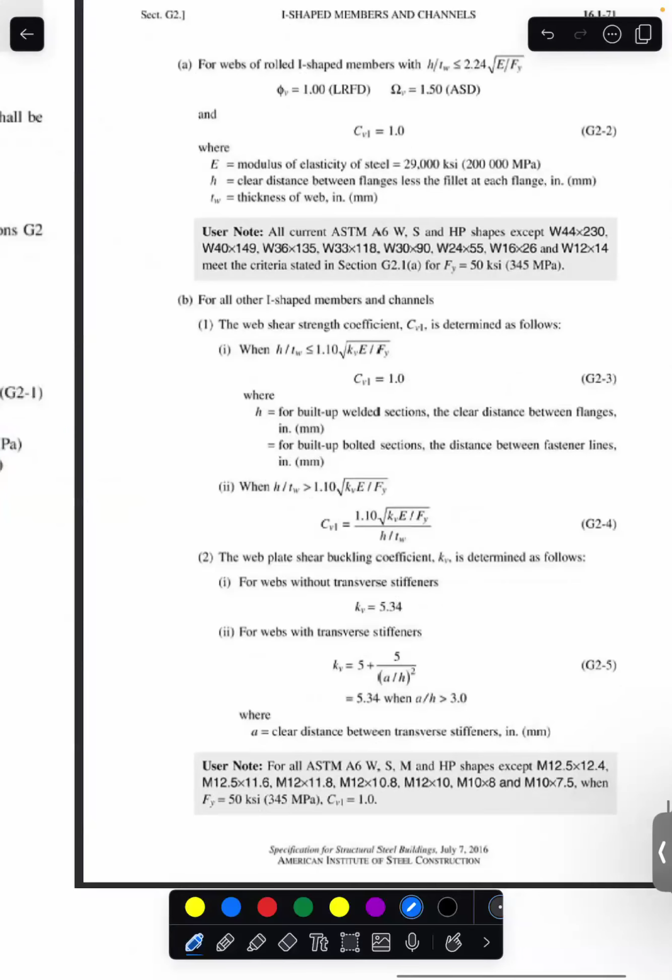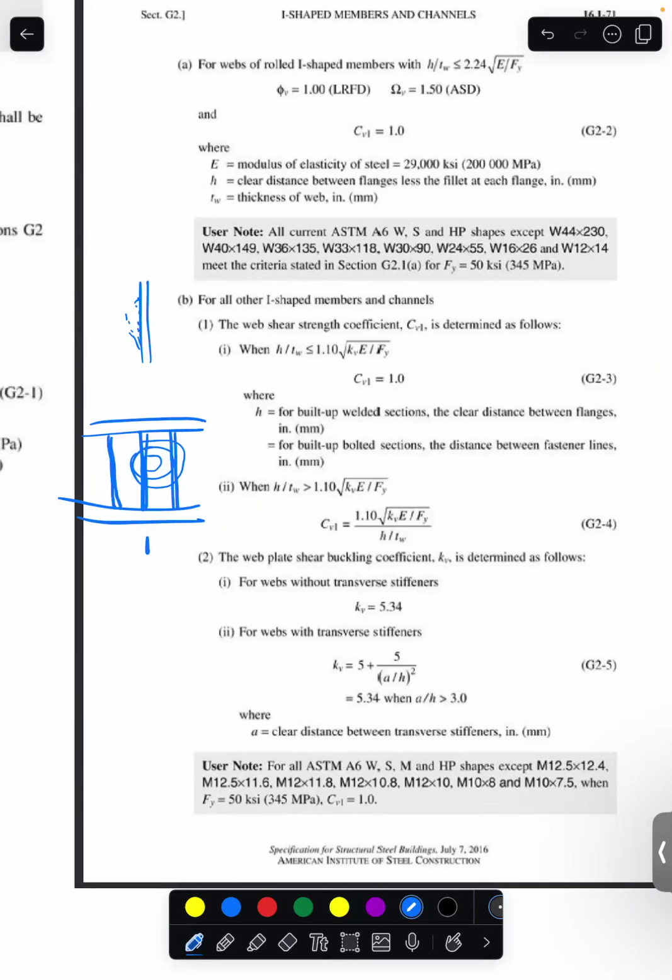And medyo magiging particular na ito kasi yung web, so if we were to draw yung I na section, pwede kasi magkaroon ng web crippling right here. Para siyang umumbok. Kung titignan natin yung side view, yung itsura niya parang umumbok siya na ganito. And to prevent yung web crippling na yan, kadalasan naglalagay ng transverse na stiffeners. Parang sinasabi na mag-steady ka dyan, webs.